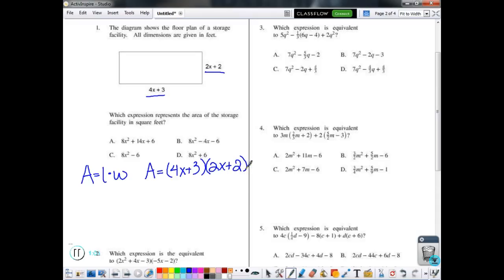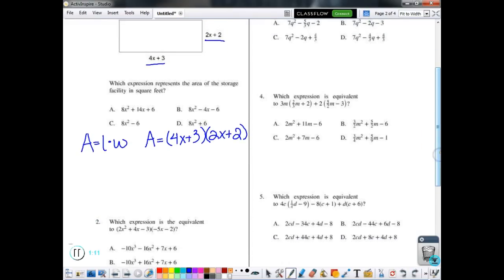Right? So how do I do this? What do I have to do? The box, good. So just like yesterday on the warm-up, on the box, you're going to put 4x plus 3 and then 2x plus 2. Then you're going to multiply everything. So this comes from here and here.